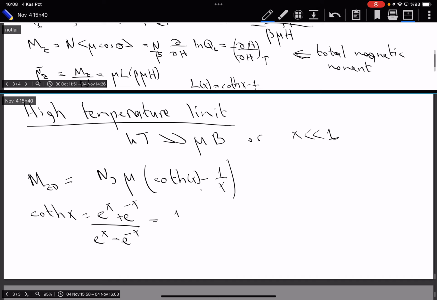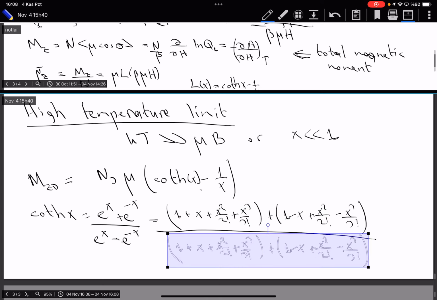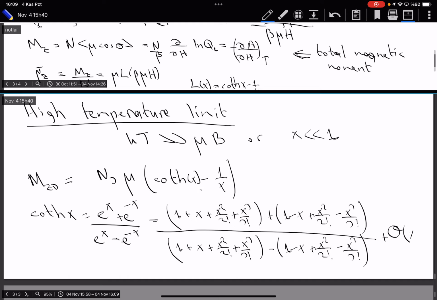This will be 1 plus x plus x squared over 2 plus x cubed over 3 factorial, plus 1 minus x plus x squared over 2 minus x cubed over 3 factorial. And the same thing in the numerator with the opposite sign, plus corrections of the order of x to the 4. I'm ignoring all the x to the 4 terms.